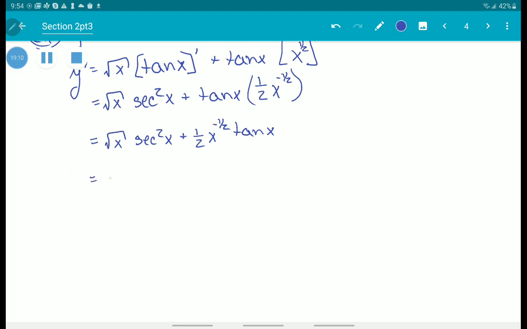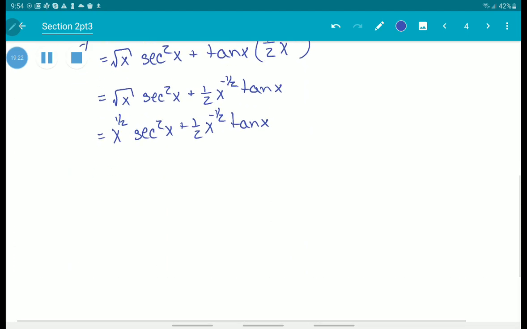So now we're going to do some fancy factoring. I'm going to rewrite this as x to the 1/2. So these two terms actually have an x in common. We could factor out an x to the negative 1/2 power there. In fact, I'm going to factor out that 1/2 also.